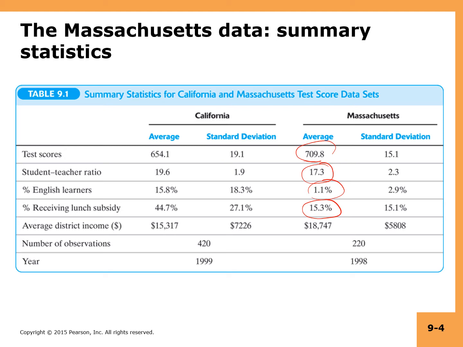The school district income, on the other hand, is about $3,000 higher than California, and you can see that for California, the number of observations is higher. Also, note that the data set for California comes from 1999, whereas that for Massachusetts actually comes from 1998.